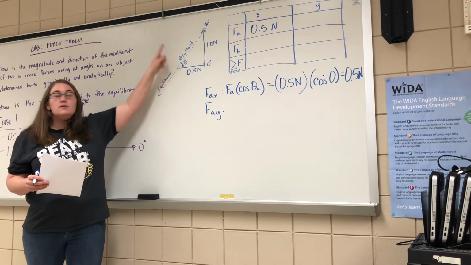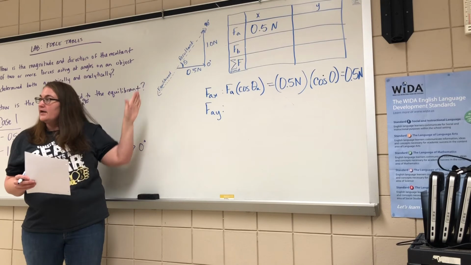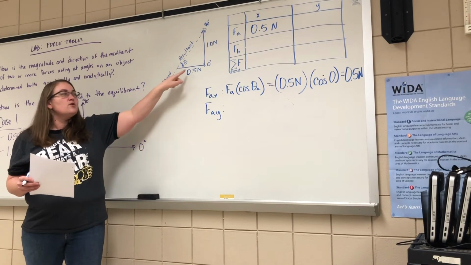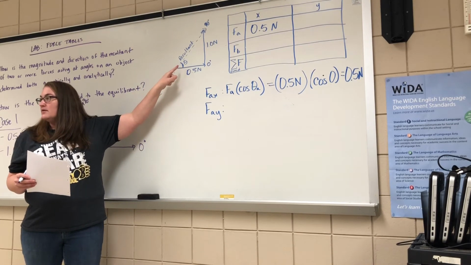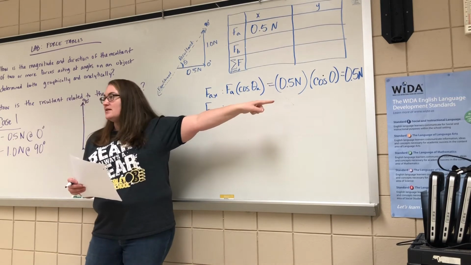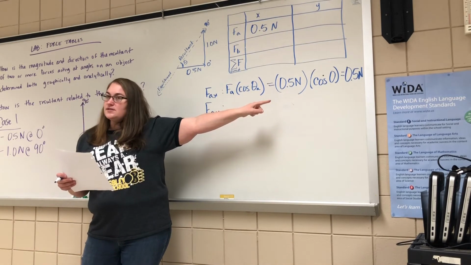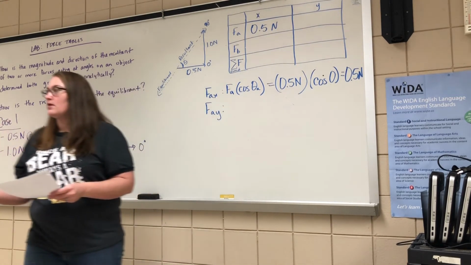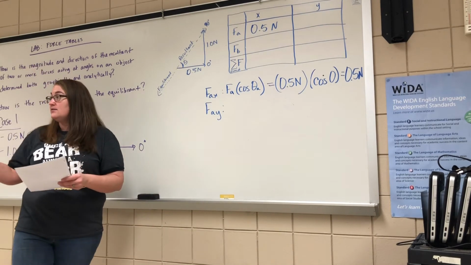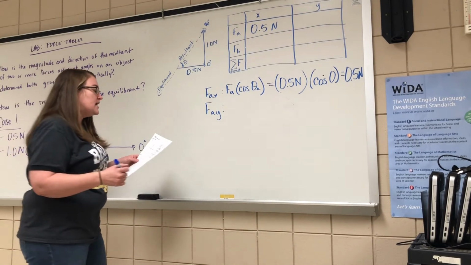Y is vertical, right? Is there any vertical motion in this line? So what should our answer come out to be at the end? Should come out to be 0, but let's see how we're supposed to work it out and make sure analytically with this math that it comes out like that.